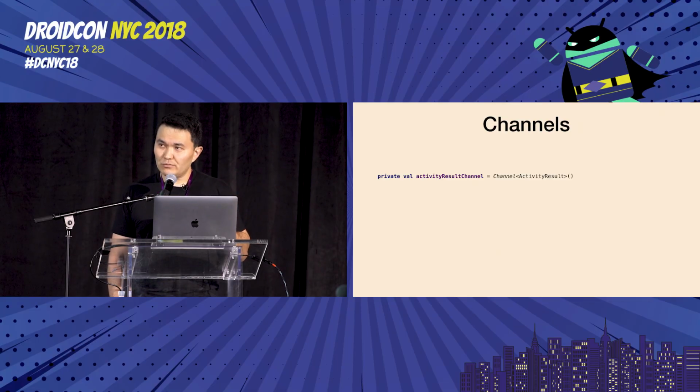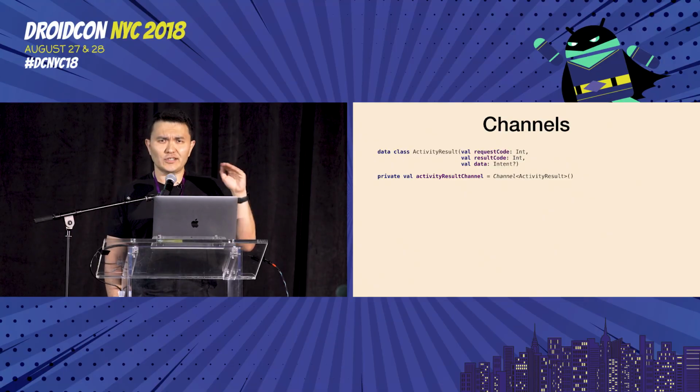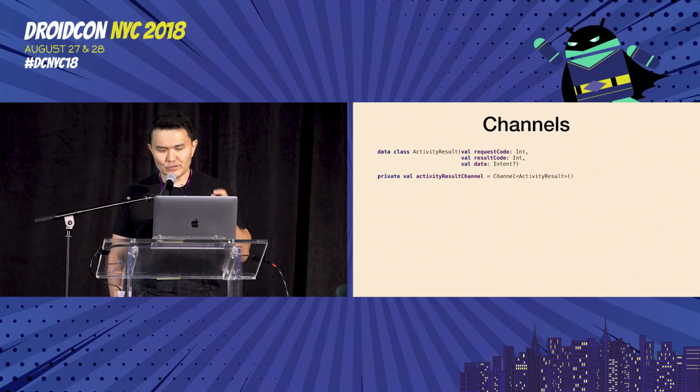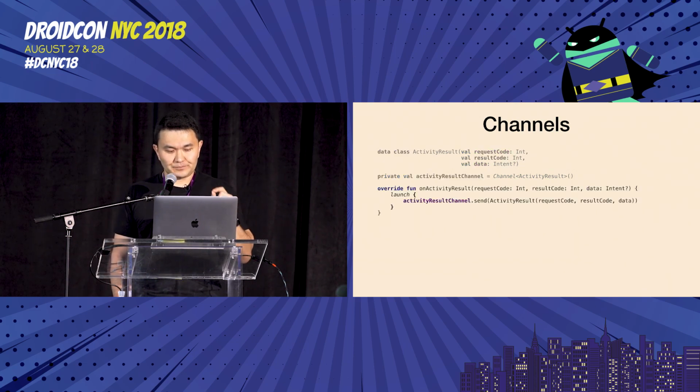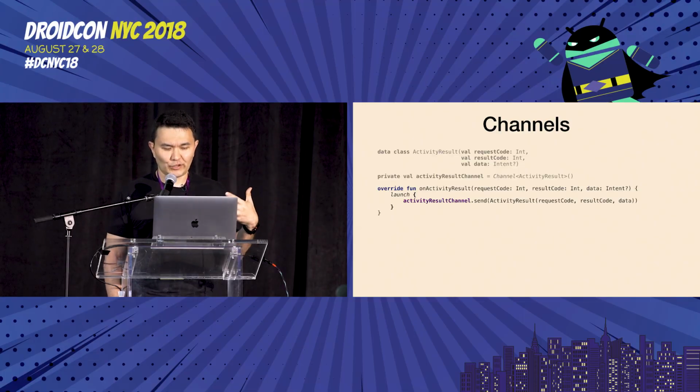But with coroutines, you can create a channel for receiving the results. To help with that, I defined the ActivityResult class. There is a class called ActivityResult in the instrumentation, but that's not something that we can use. So I want to be able to return the request code, the result code, and the data to the appropriate place, right? I'll start with the activity result because it's a little bit simpler conceptually.